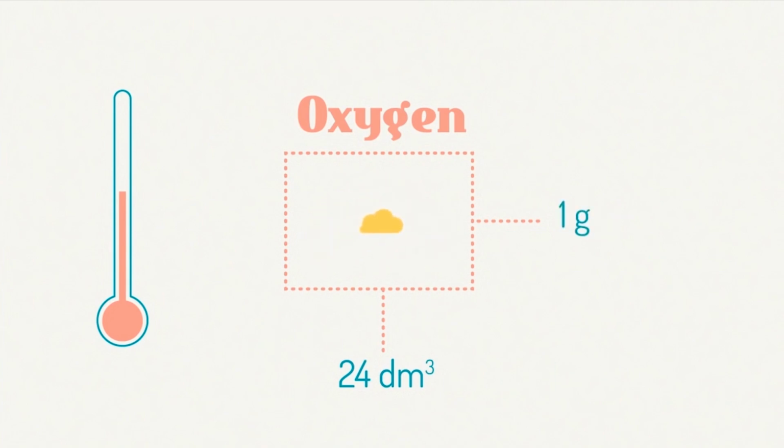Therefore, 1 gram of oxygen gas at room temperature occupies a volume of 24 divided by 32 decimeters cubed. And so, 4 grams of oxygen gas at room temperature occupies a volume of 4 times 24 over 32 decimeters cubed, or 3 decimeters cubed.